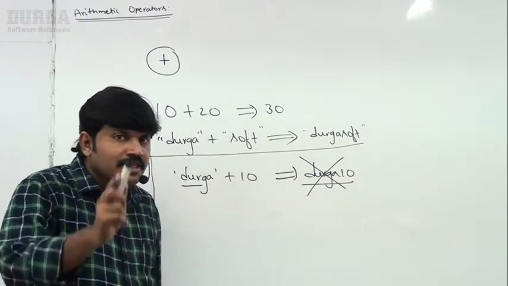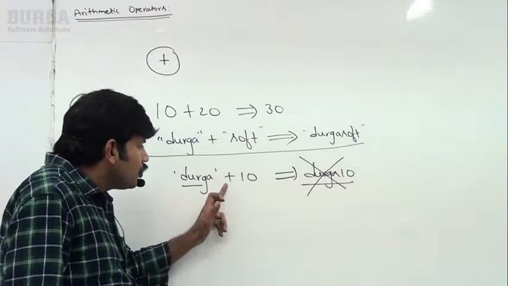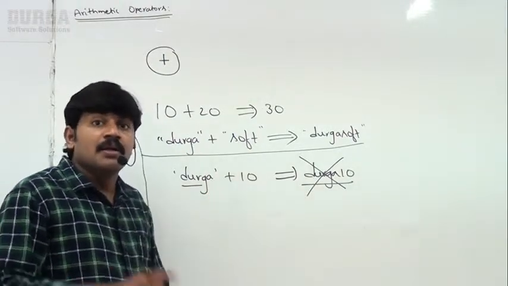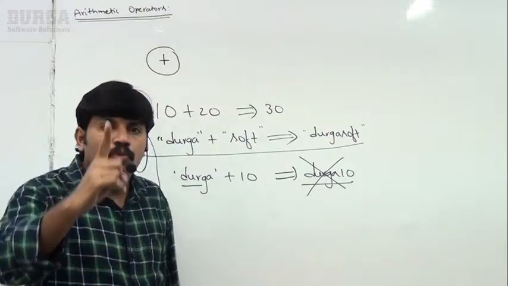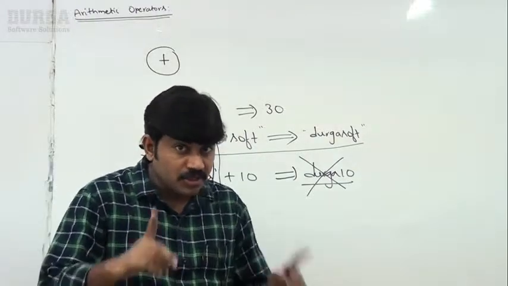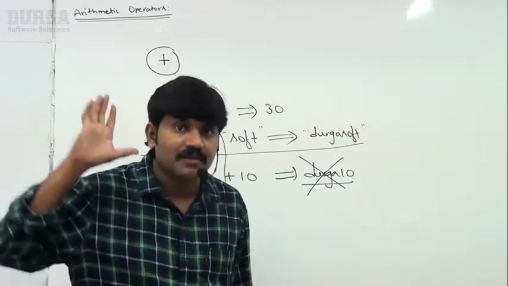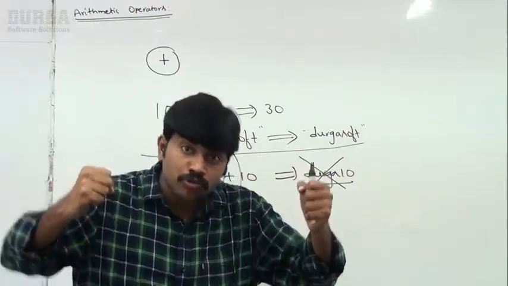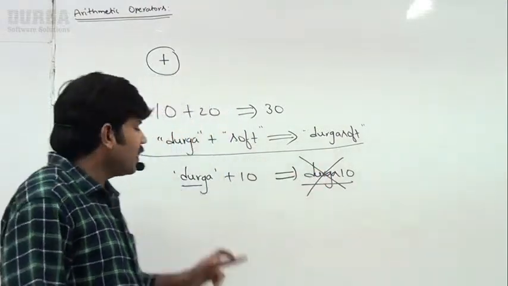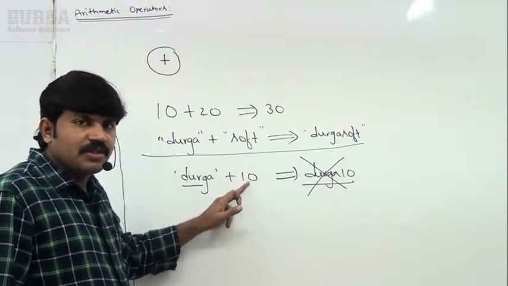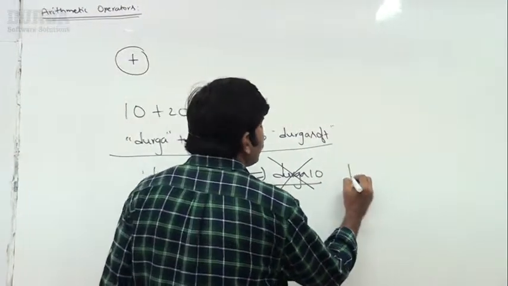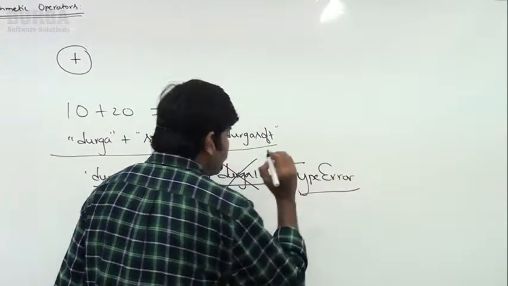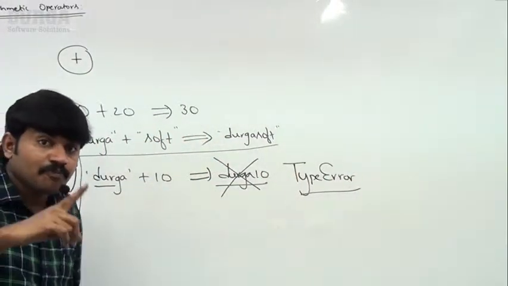It is Python. In Python, to use a plus operator between string objects, compulsorily both arguments should be string type only. Remember, first argument, second argument, both should be string type only. If one is a string and the other one is an int value, then immediately we are going to get a type error.